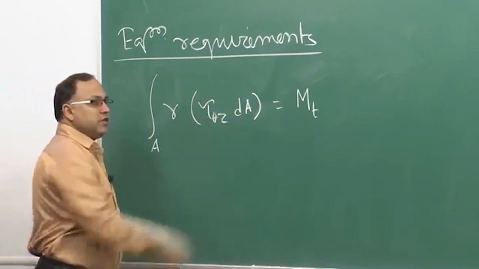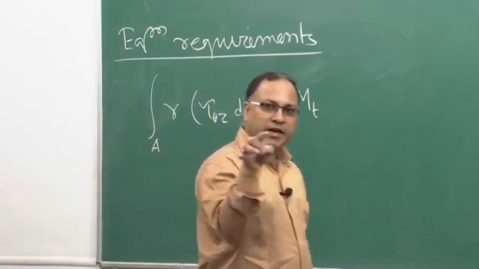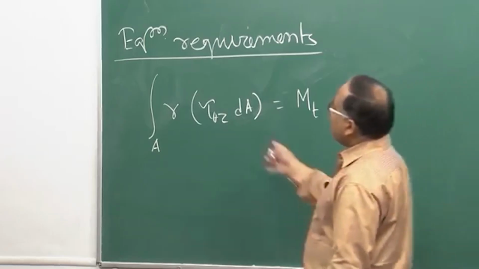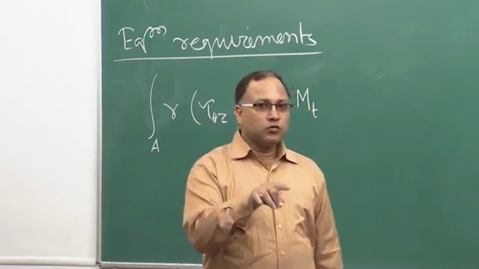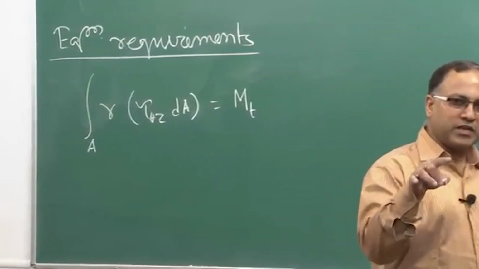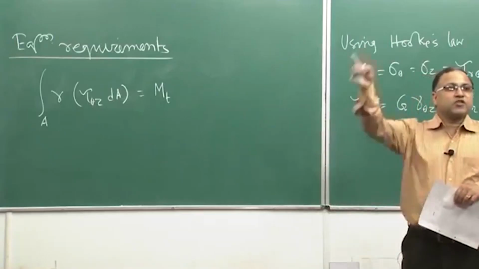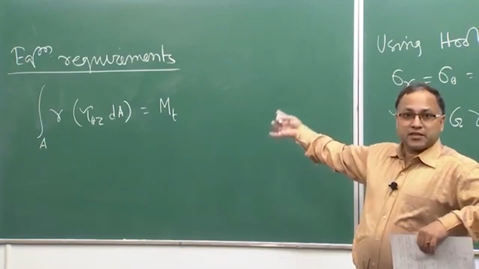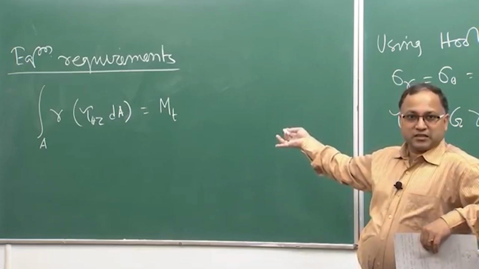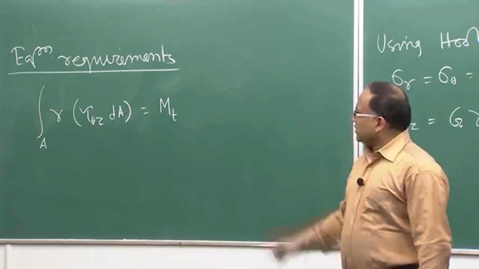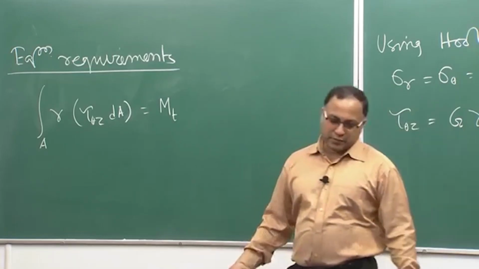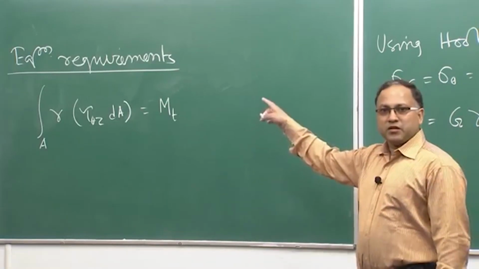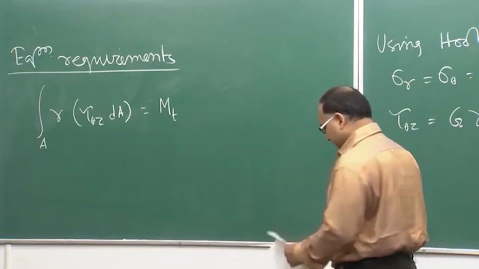Tau theta z into dA is the shear force acting on the small area delta A, and if you multiply that with r, that gives the twisting moment caused by that shear force. If you integrate over the whole area, whatever twisting moment you get should be equal to the externally applied twisting moment Mt. So, this is your equilibrium requirement, and by satisfying the equilibrium condition you get this equation.